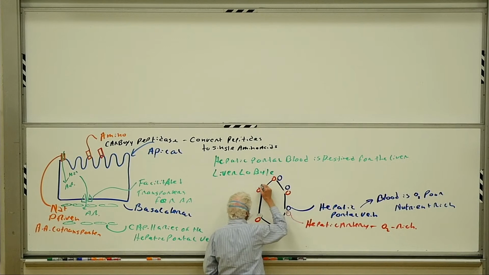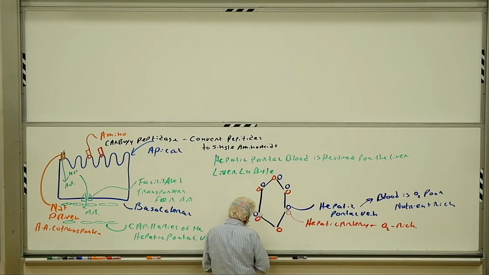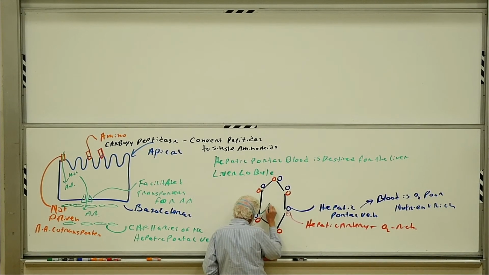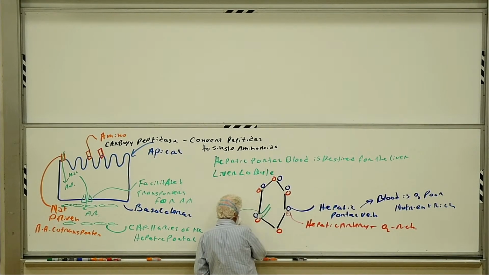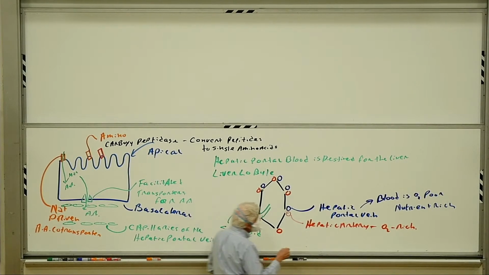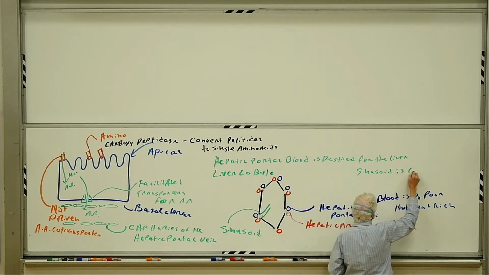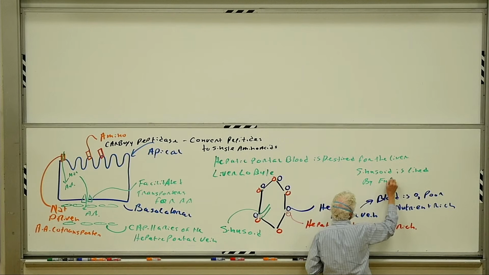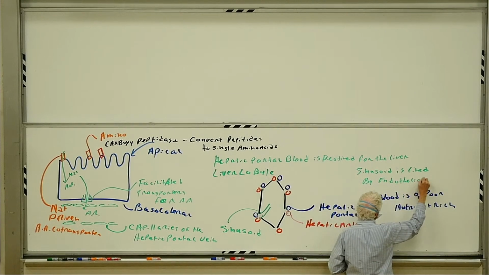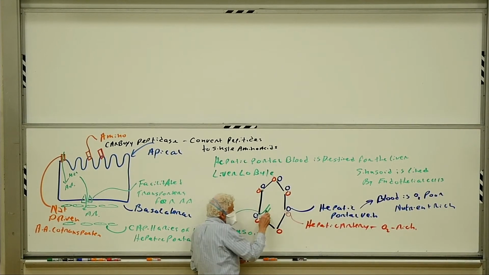Then at each of these corners, the blood joins and opens up into a structure called the sinusoid. Now, the sinusoid is lined, as are all capillaries, by endothelial cells. So we have a lining, and I won't draw them all in, but we have the lining here.